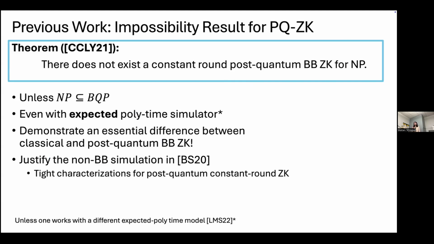Basically, you run the simulator, and suppose there's a register that keeps the number of steps it runs. You would measure that register from time to time. It actually shows up in their proof. But for this different model, by LMS 2022, the Fermi, Lombardi, Spooner paper.